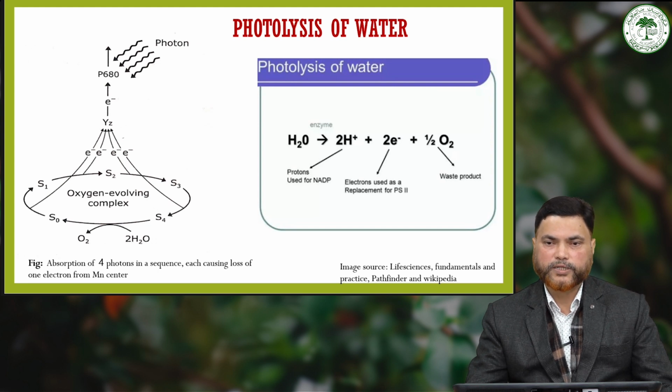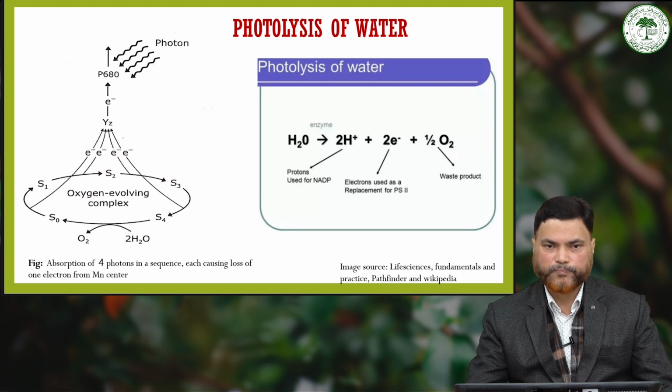As you know, the oxygen evolving complex doesn't directly transfer electrons to P680. Instead, an electron carrier known as YZ, which is derived from a radical formed from a tyrosine residue in the D1 protein of the photosystem 2 reaction center, functions between the oxygen evolving complex and P680.